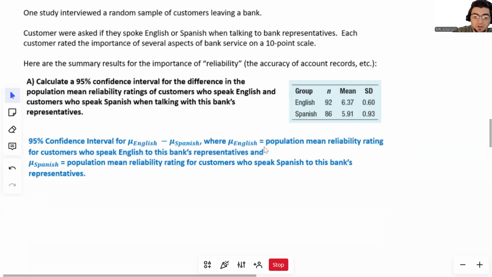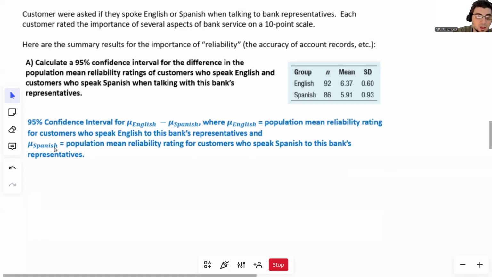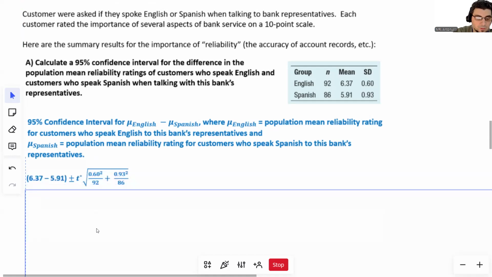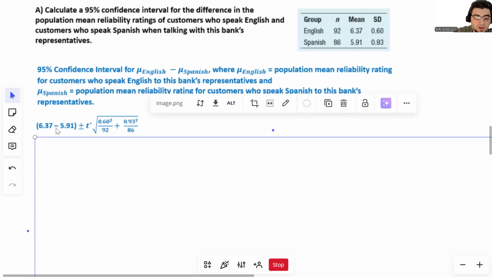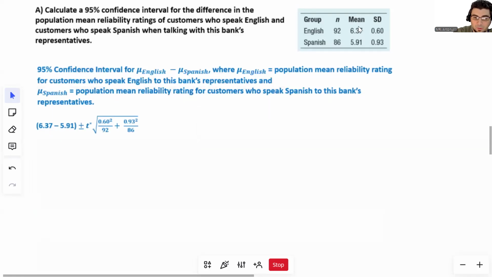So mu English is the population mean reliability rating for customers who speak English to this bank's representatives, and mu sub Spanish is the same thing but for speaking Spanish. Okay. So if we move on from there to construct our confidence interval, we do the difference of the means. Okay, so 6.73 minus 9.51 plus or minus t star critical value times the standard error.